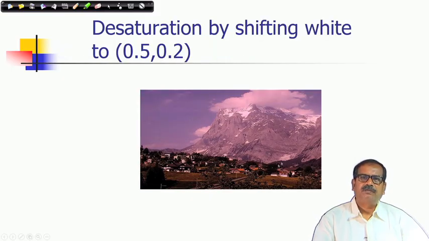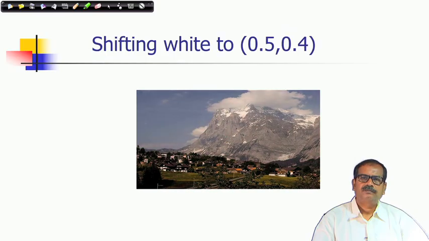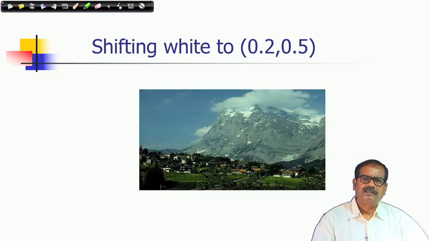If I shift the white point, instead of 1 by 3, and carry out the same computation by considering the white point as 0.5, 0.2, which is towards a reddish zone, then you can see the effect of rendition. Similarly, if I shift towards a greenish zone, this is the effect, or towards a bluish zone, this is the effect.